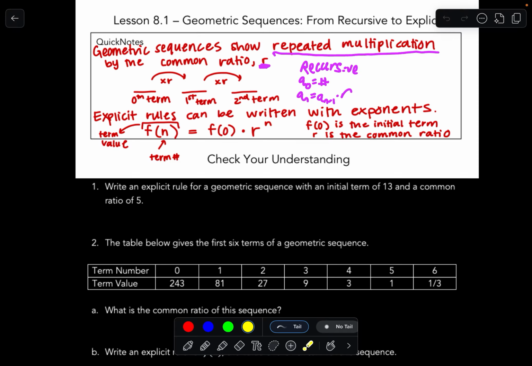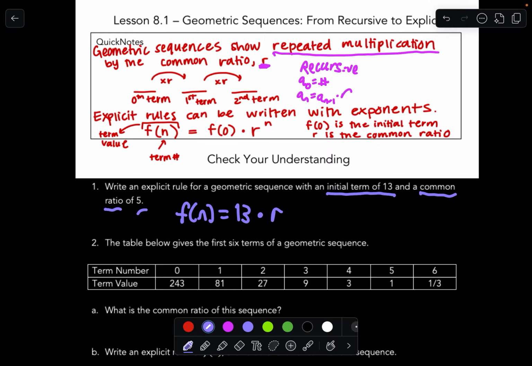So the very first question here is basically using that. They tell you the initial term of 13 and the common ratio of 5. So f of n, the explicit rule, equals our initial term 13 times the common ratio r, which they tell us is 5, to the nth power.